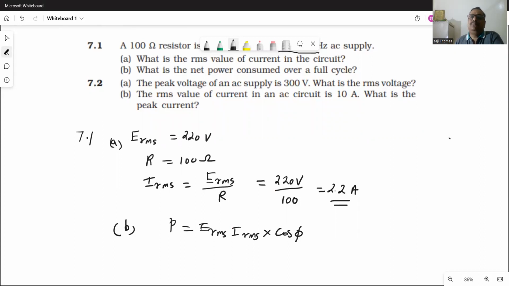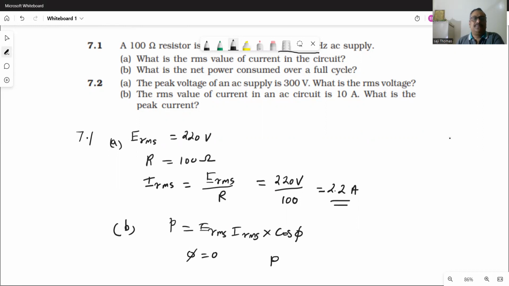Cos phi is known as power factor. Phi is the angle between voltage and current. And we have learned when AC passes through a pure resistor, voltage and current are in phase. Therefore, phi will be 0.